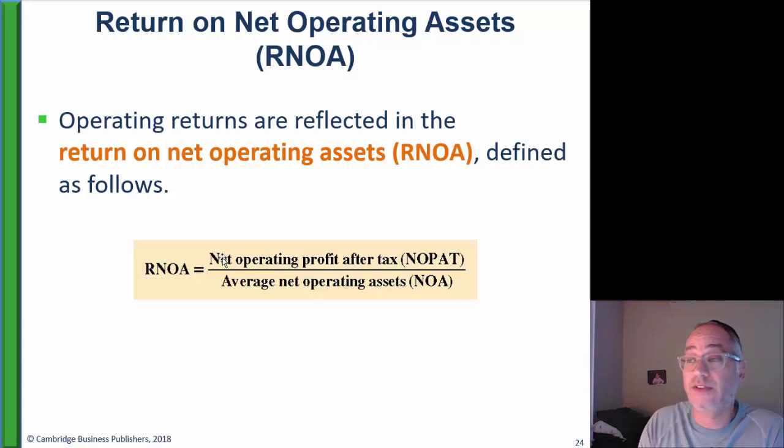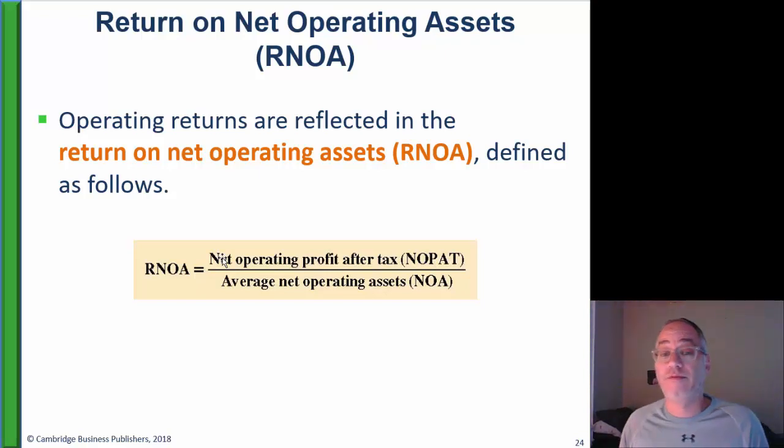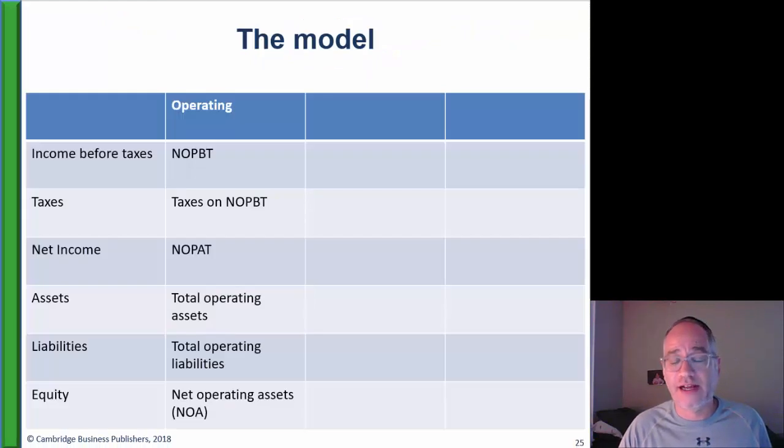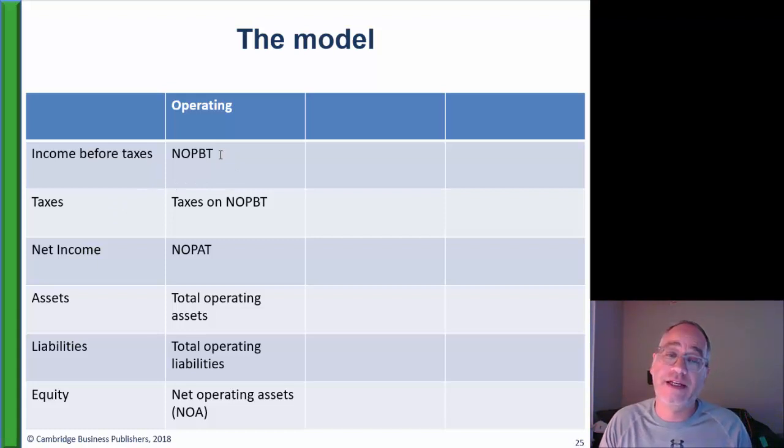So this is a shift from the formula of return on equity towards a measure that strictly focuses on operations. Some of these notes actually come from me. So the way you would calculate these numbers, and this is very important, is you would take net operating profit before taxes.